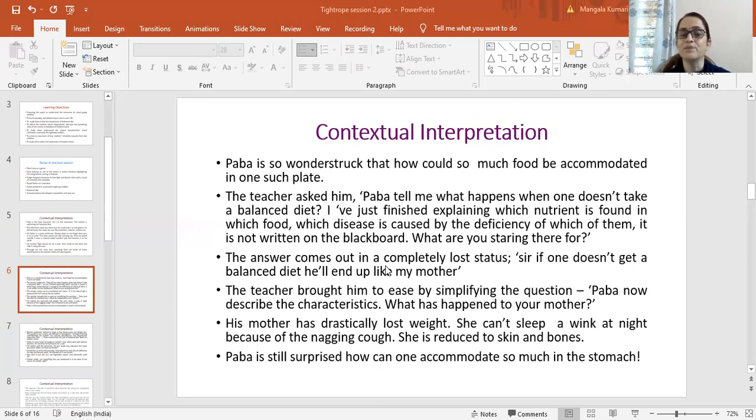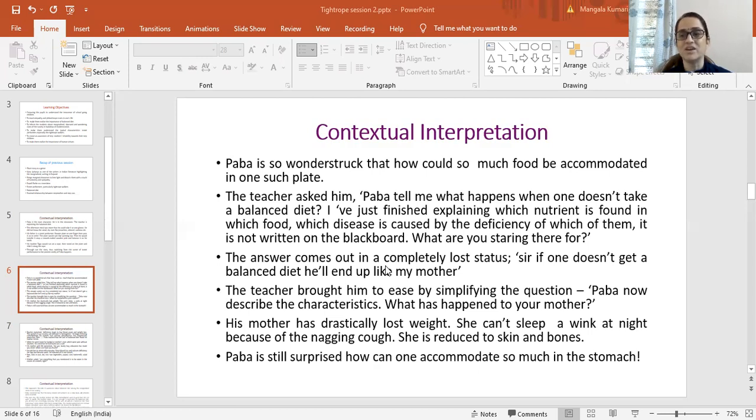The teacher asks him, Baba, tell me what happens when one doesn't take a balanced diet. I have just finished explaining which nutrient is found in which food, which disease is caused by the deficiency of which of them. It is not written on the blackboard. What are you staring at there for? The teacher asks sternly.